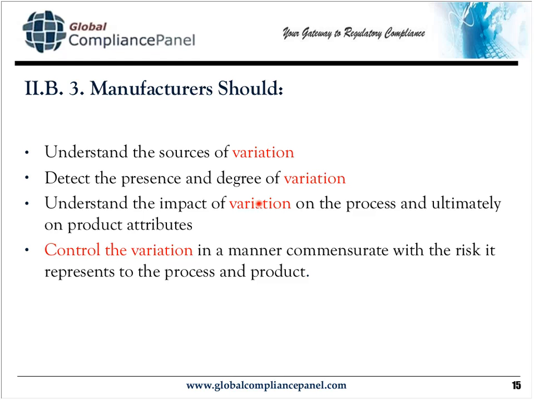And this part here usually shows up in studies that are known as the analysis of variance, ANOVA studies, or design of experiments. And then once you've defined where the variation comes from and what the impact is, then you take methods to control the variation.